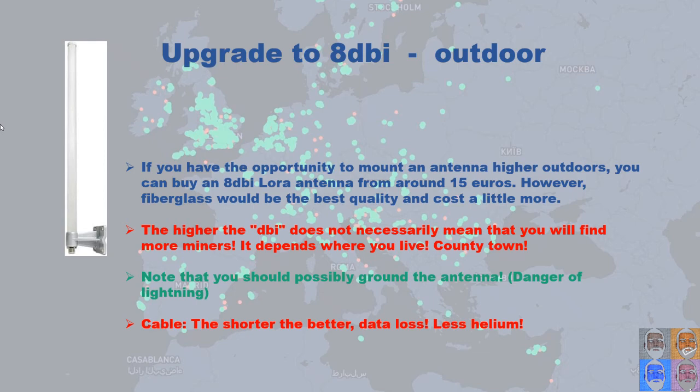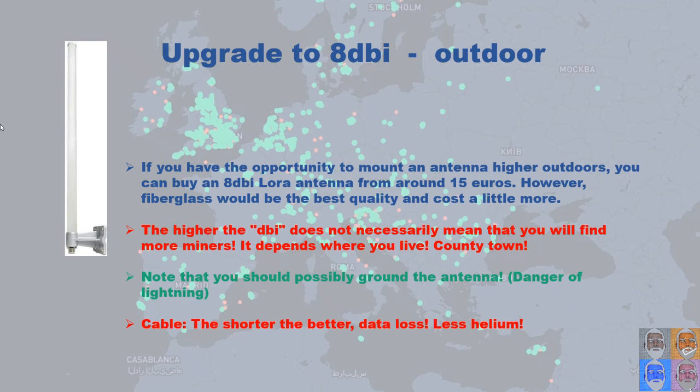You can connect with the proof of coverage and get the most Helium tokens by having this distance. And for this you do not need an additional antenna. If you're in a village and you want to reach the next village, for the moment, yes, I would recommend buying an 8 dBi.